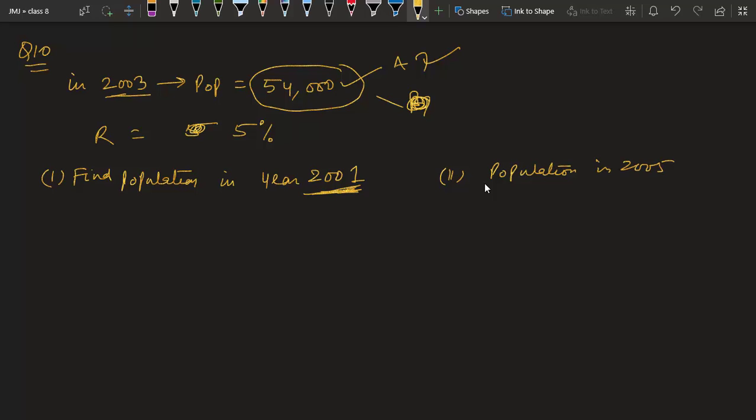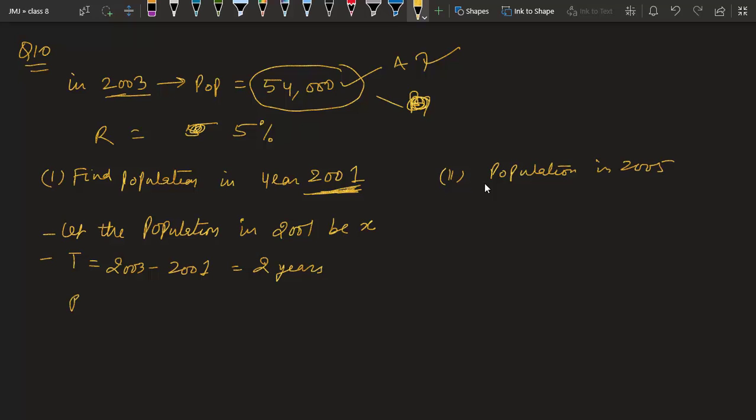So let the population in 2001 be X. Time period will be 2003 minus 2001, that is 2 years, and rate we all know is 5%, and amount is 54,000.